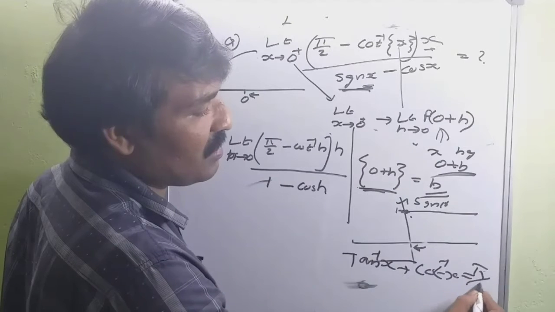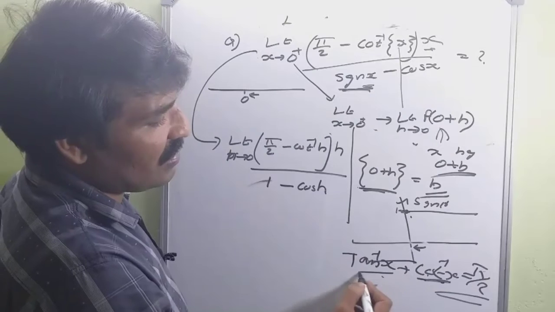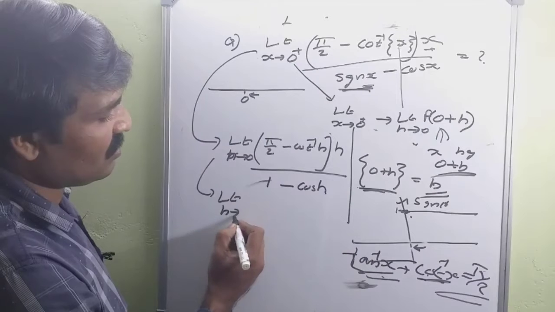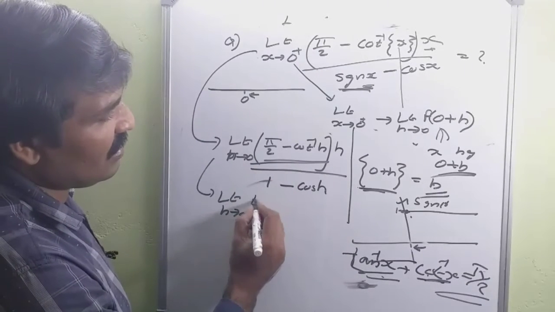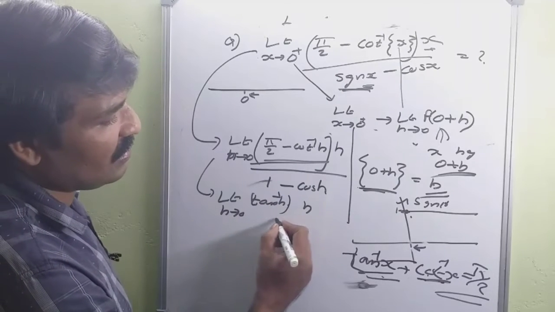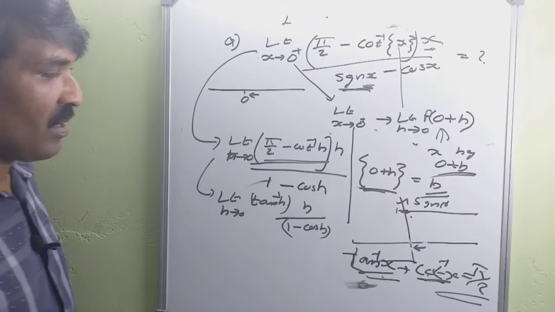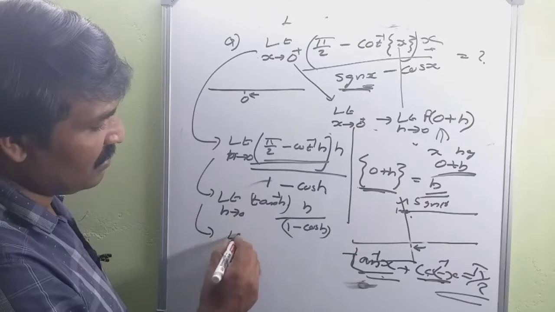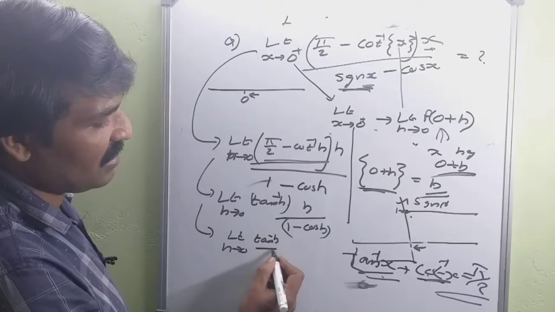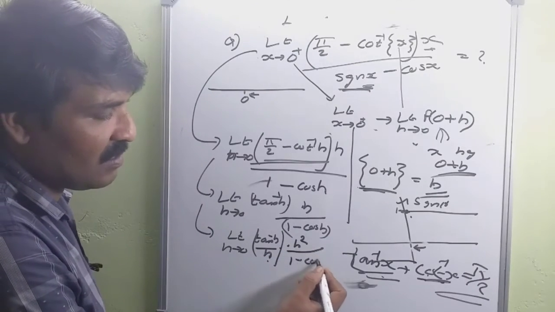Now, what is tan inverse x plus cot inverse x? That is equal to pi by 2. So pi by 2 minus cot inverse x is replaced by tan inverse x. So this becomes limit h tends to 0, the numerator becomes tan inverse h into h, divided by 1 minus cos h. Now we can write this as limit h tends to 0 of tan inverse h by h, multiplied by h square by 1 minus cos h.